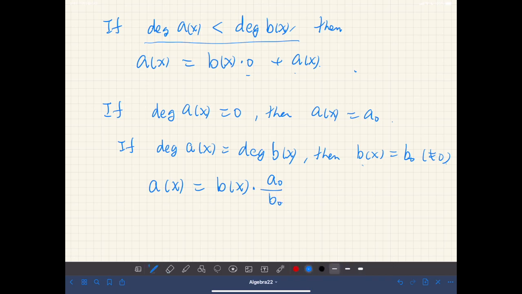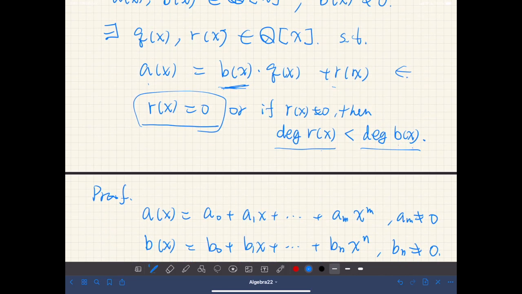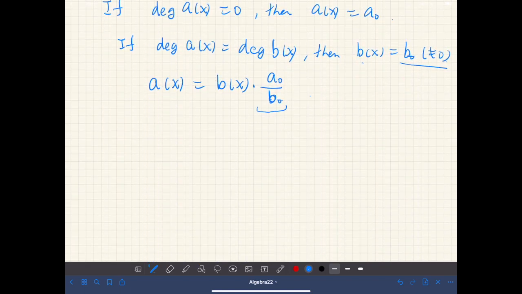As we've mentioned, b0 is non-zero, so we can divide by b0, so no problem. So in this case, we have this trivial divisor, and we can express a of x in this form. The remainder is 0.